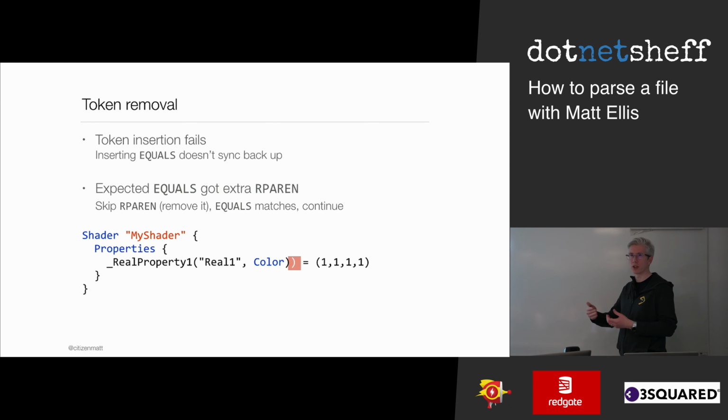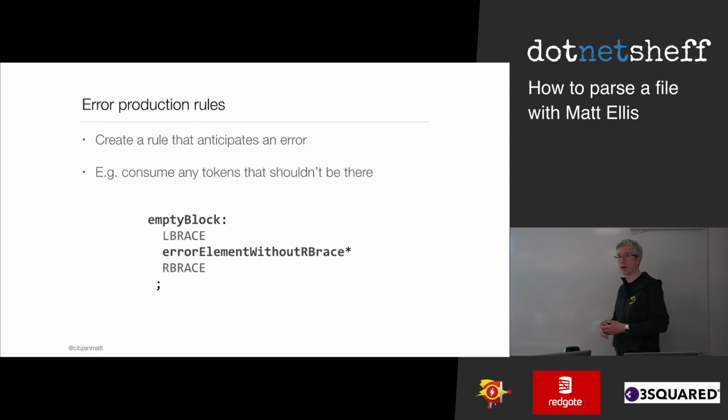Let's say I've got an extra token. I'll ignore this one. I'll mark this one as an error. And I'll look at the next token. The next token is an equals sign. It's like, brilliant, synced back up again, and we can carry on and we can parse on. And so by either doing inserting or removing or also substituting, we can have a very good way of recovering there as well.